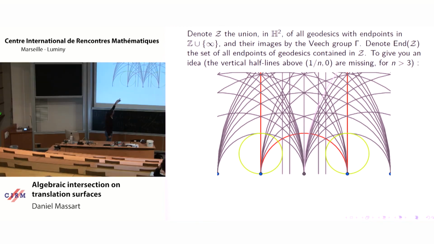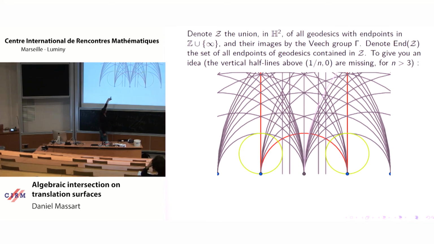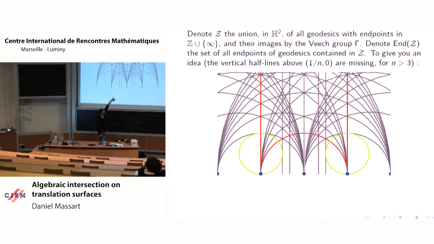So for instance, let's take the vertical line from 1 to infinity. That corresponds to translation surfaces tiled by 3 parallelograms, in which the geodesics with infinite coslope are orthogonal to the geodesics with coslope equal 1.